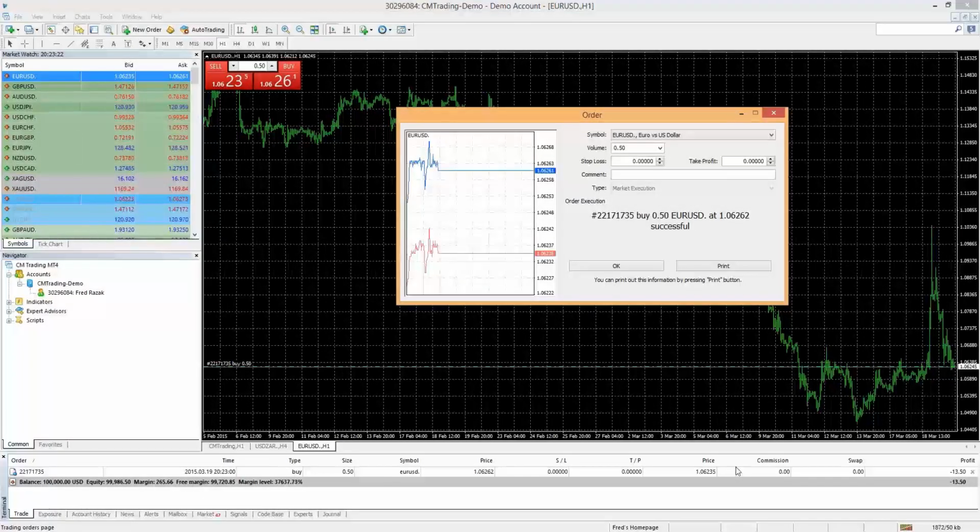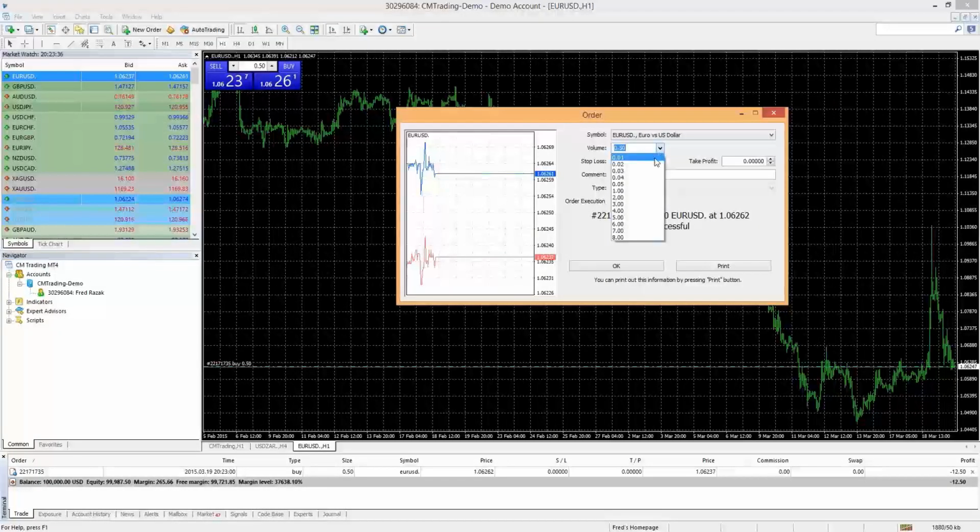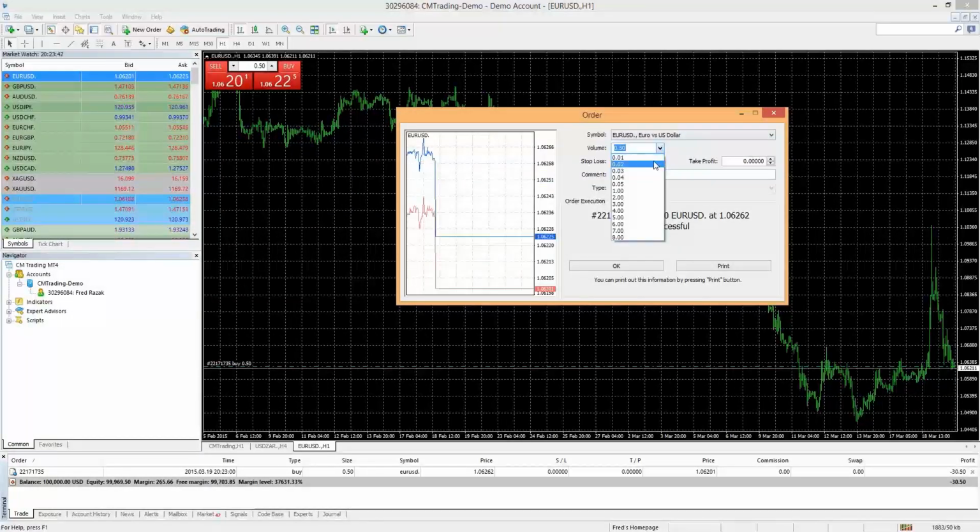Okay, but generally, an order ticket window is the one that you see right in front of me. You have the symbol on the top, and usually when you're pressing it and you're on the graph, the default window will show up. With the Euro USD, you have the volume. This is really a place where most people make a mistake. Volume starts at 0.01.